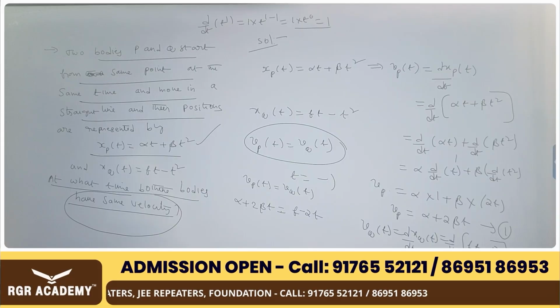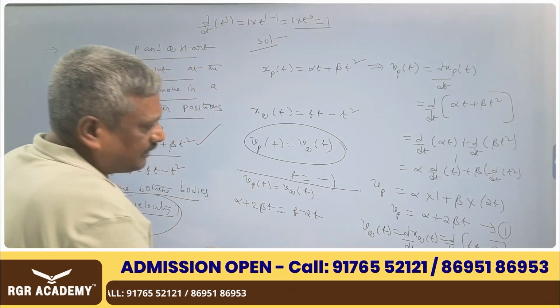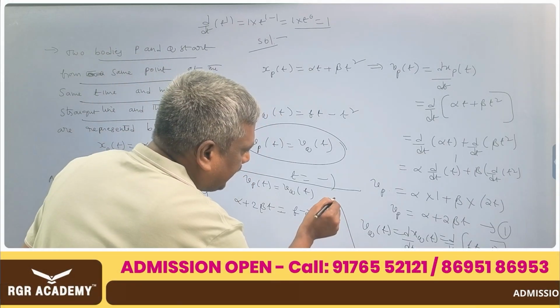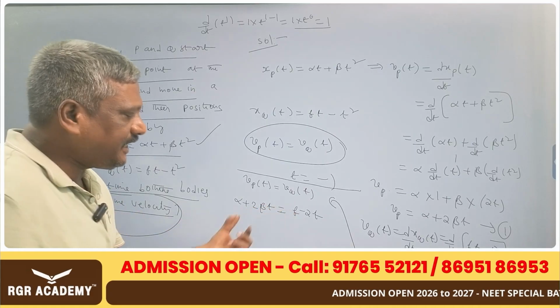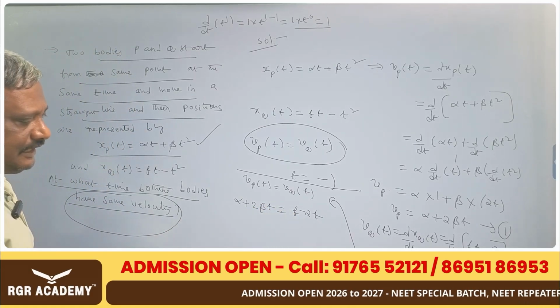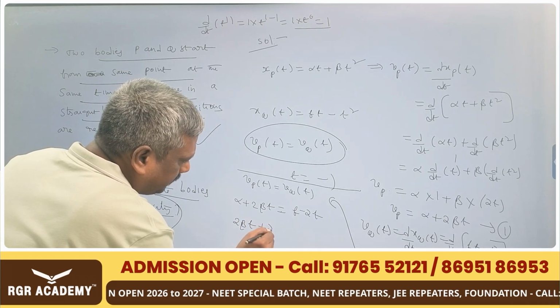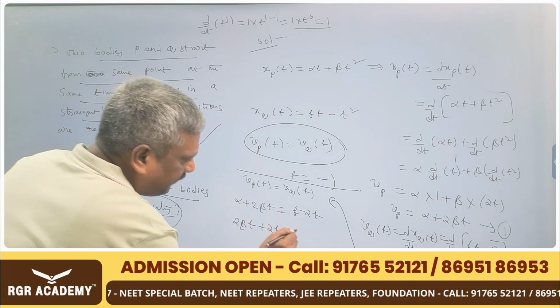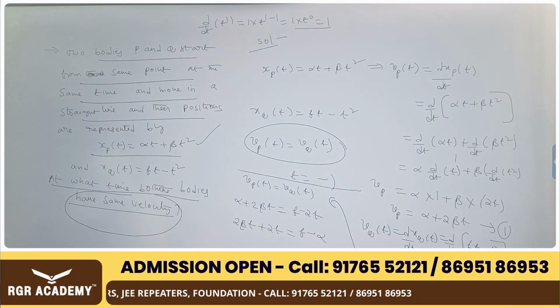Let us take the time factors on one side. Minus 2t can be taken to the left hand side, where it becomes plus. Therefore, 2 beta t plus 2t. Alpha can be taken to the right side, so it becomes f minus alpha.